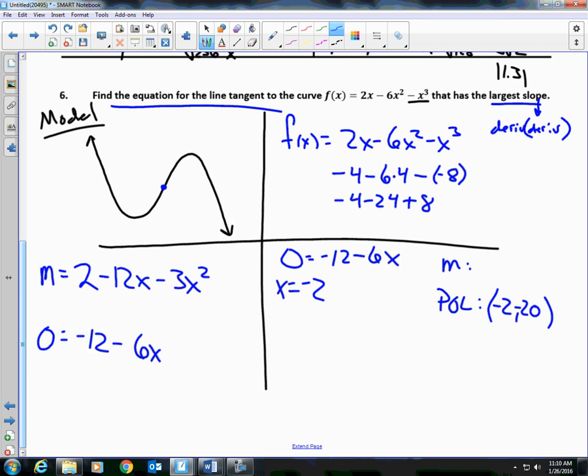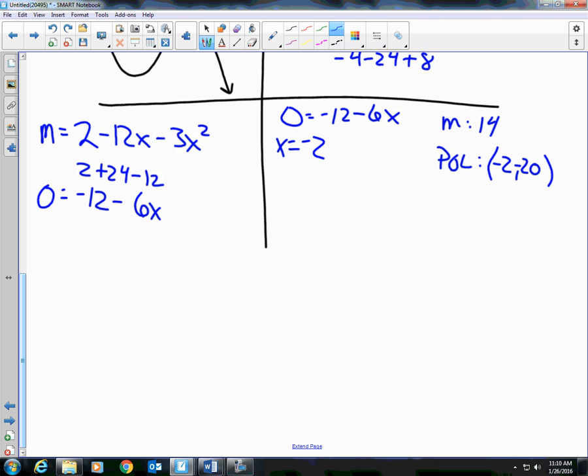Now I have to find the slope, so I plug negative 2 into the first derivative, the slope function. 2 plus 24 minus 12 is 14.